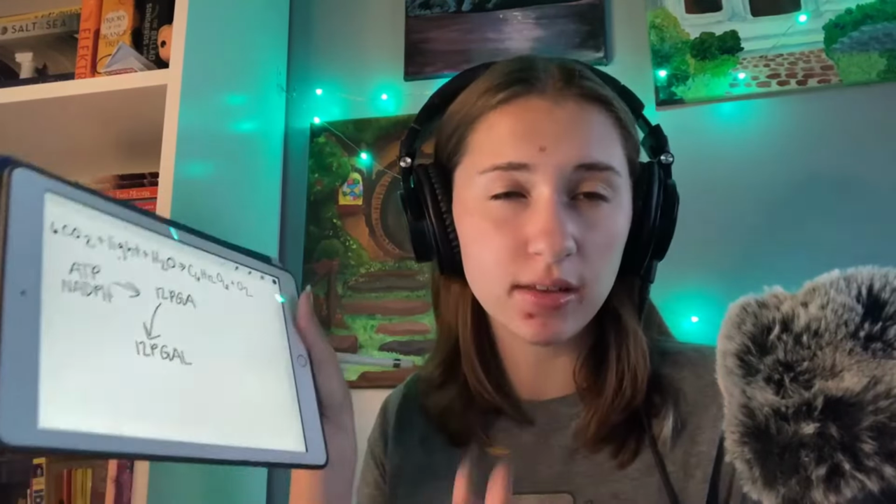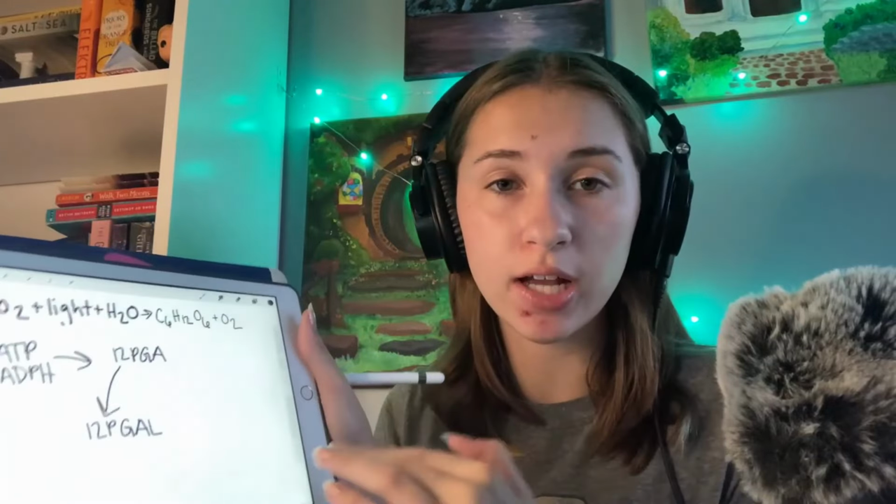Now, this is where it gets a little funky. The 12 is going to break up into 2 and 10. So 10 of them are going to continue on with the cycle, and 2 of them are going to go off. So hold on, 10 PGAL, 2 PGAL.